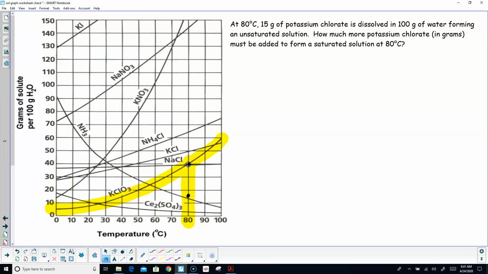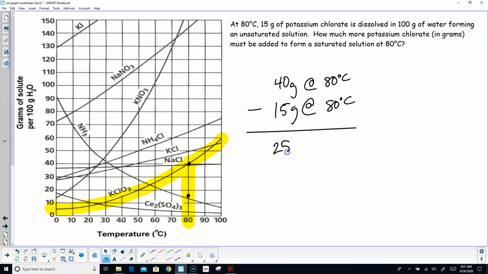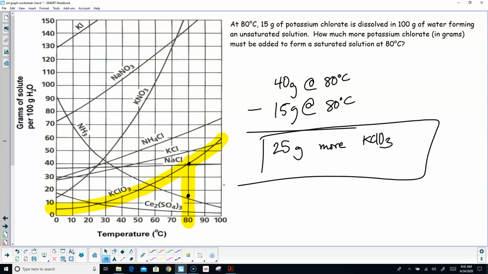Well, it looks like it can hold 40. So if you can hold 40 grams at 80 degrees Celsius, but you've only got 15 grams, how much more can you dissolve? Should be 25 grams more of KClO3. Okay, so you can dissolve 25 more grams.